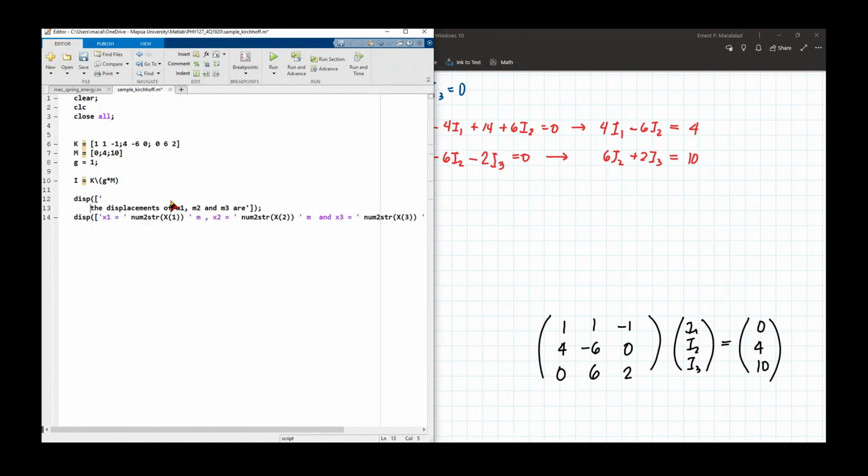Okay. So let's display the current in each branch.